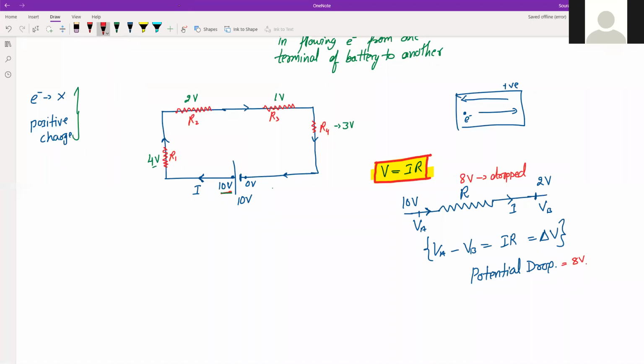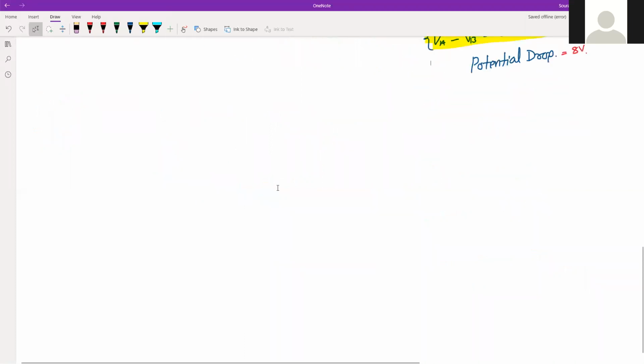And what do we have? This relation: drop is equal to I into R. Out of the three things, two should be known and one unknown, and we can find that unknown value. That is the basic understanding of current.